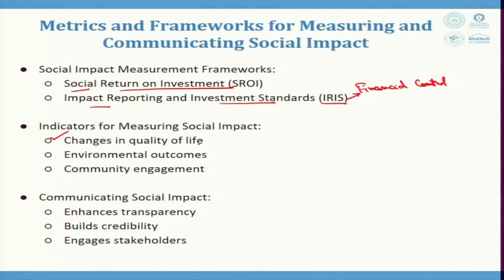In this way, we can convert qualitative data like and dislike, using a 5-point or 7-point or maybe 9-point scale, to quantitative data. This is how changes in quality of life are taken into account. Also, other methods like interviews and surveys are always there to understand the social impact of the product that we have introduced. Environmental outcomes.